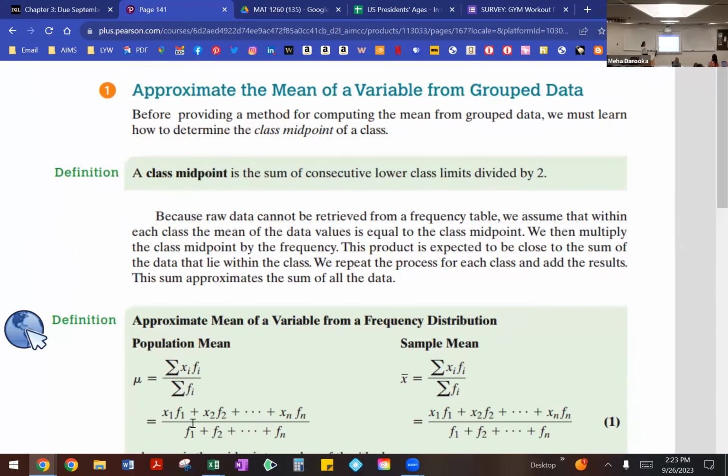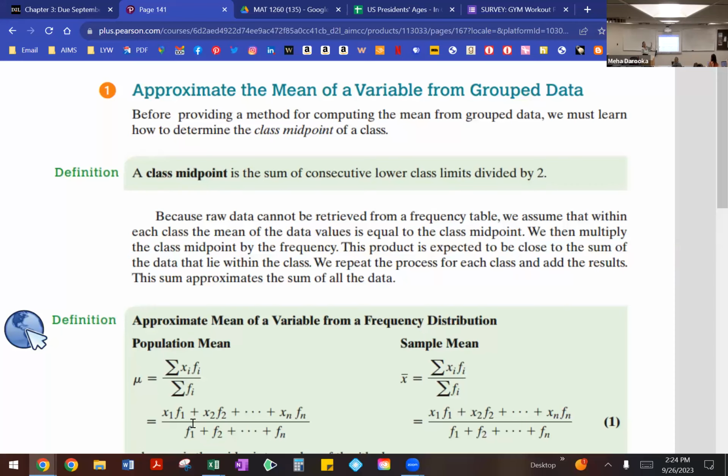Some terminology to be familiar with is the class midpoint. Once you have your classes for the frequency distribution table, like we had for the US candy production example, the class midpoint is the sum of consecutive lower class limits divided by 2. You take the lower class limit for the first class and the second class, add them together, and divide by 2.